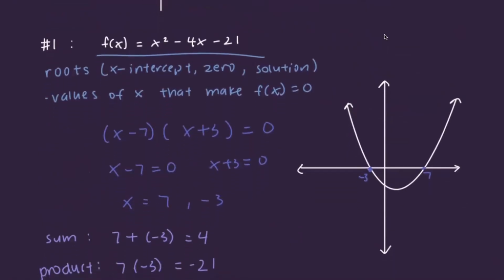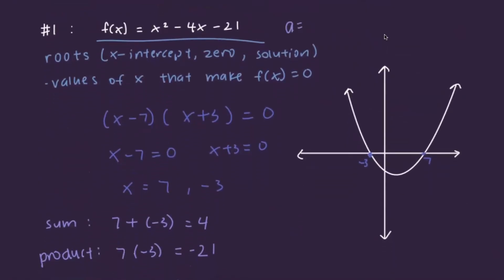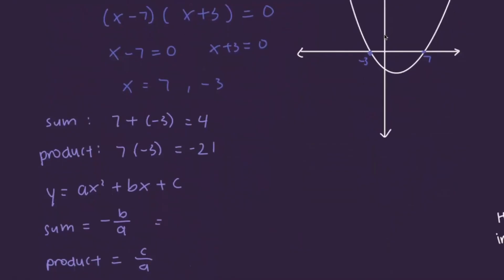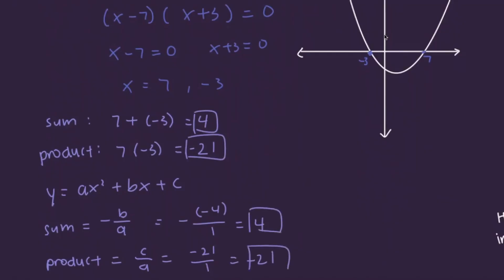Here in our first example, a equals 1, b equals negative 4, and c equals negative 21. So the sum, using this formula, is negative negative 4 over 1, which is 4, and our product is negative 21 over 1, which is negative 21. As you can see, the answers are the same.